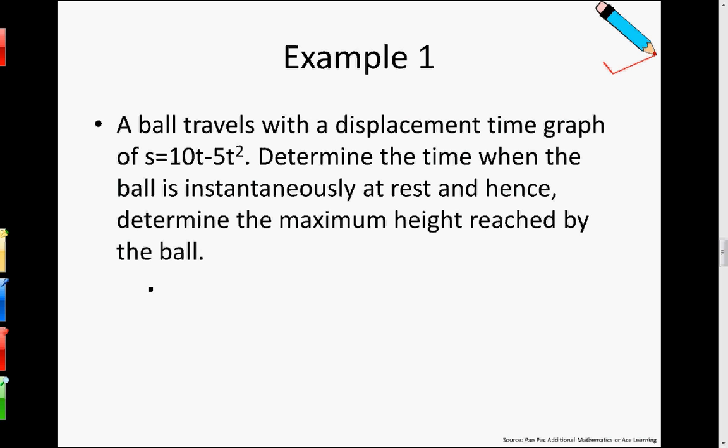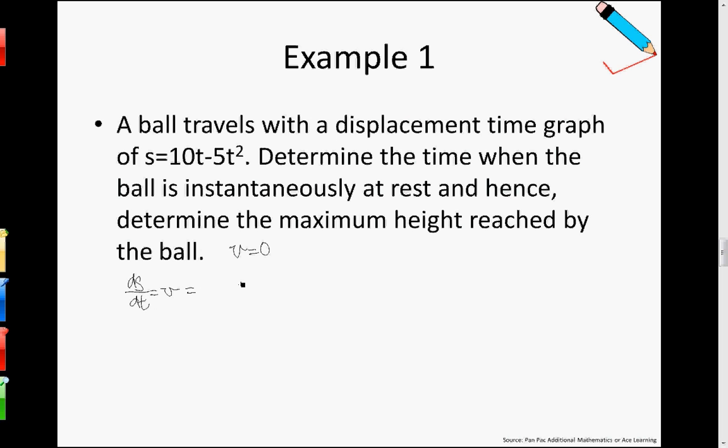Now we have to find when the ball is instantaneously at rest, which also means that the velocity has to be 0 at that point. Because instantaneously at rest just means you have no velocity. Now ds/dt gives me the velocity.